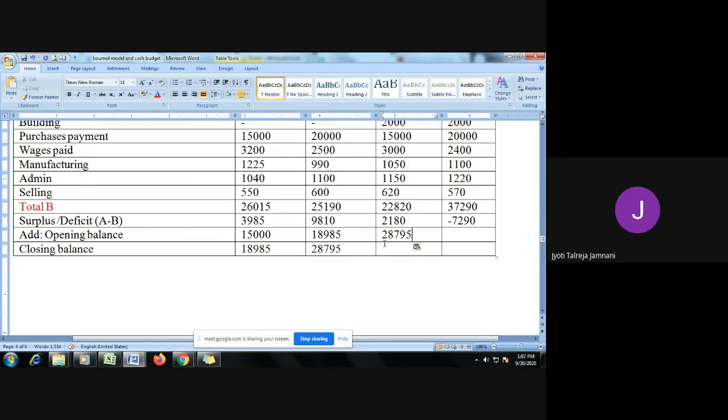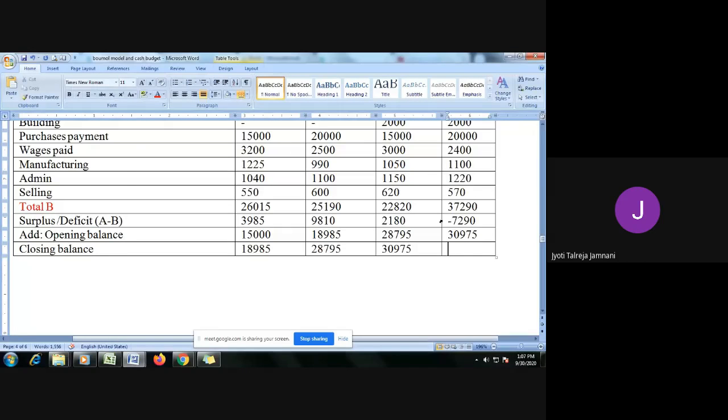Closing balance will be 30,975. The closing balance of March will become the opening balance of April. And now we have a deficit in the month of April. So from 30,795, you minus the deficit, that is 7,290. You'll get the closing balance as 23,685. So this is how you prepare the cash budget.